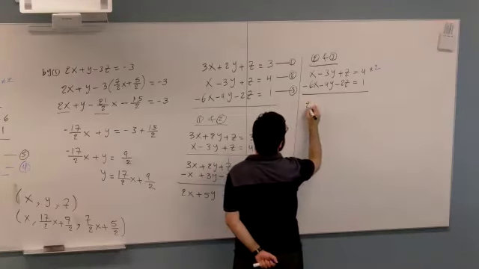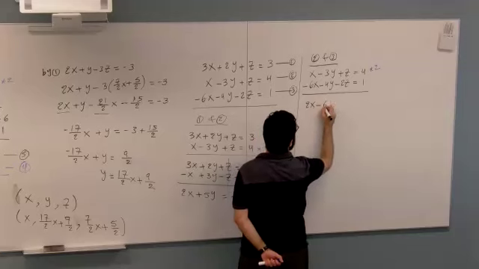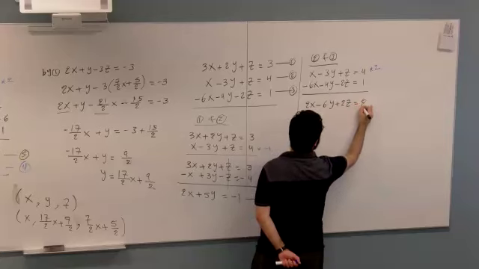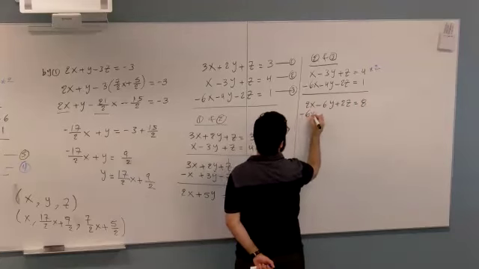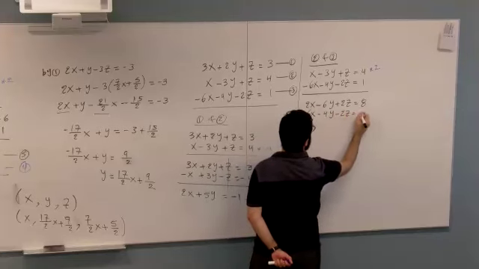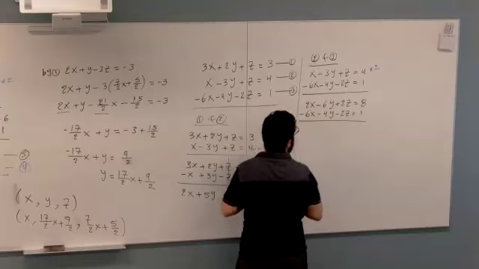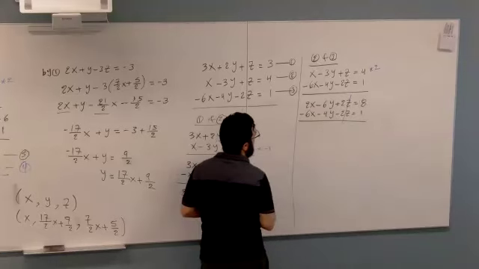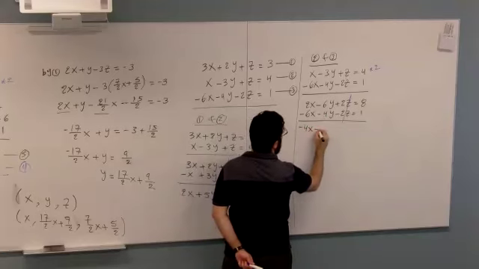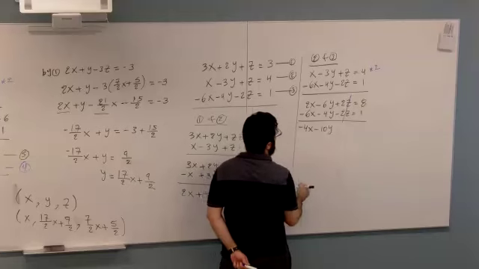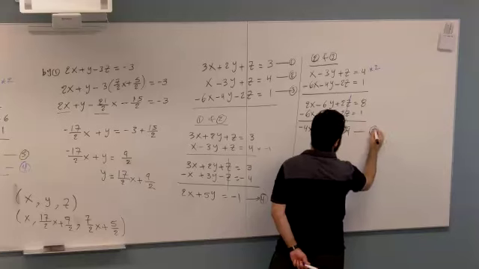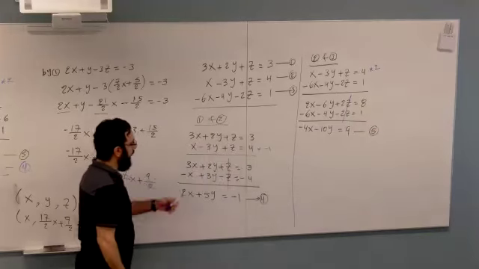So it's going to be 2x minus 6y plus 2z equals 8. Here is the second one. It's cancelled. What do we have here now? Negative 4x minus 10y equals 9. Now I have number 5.